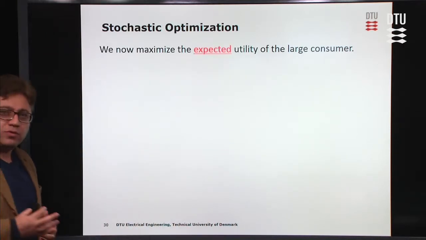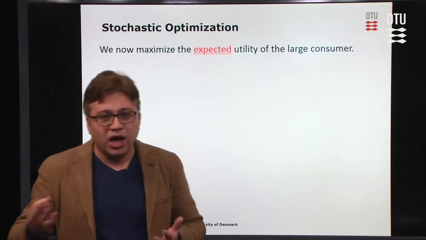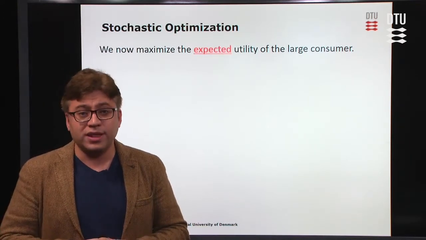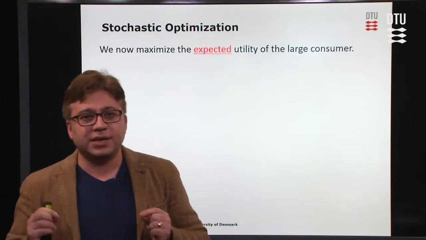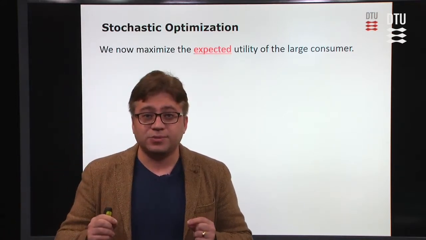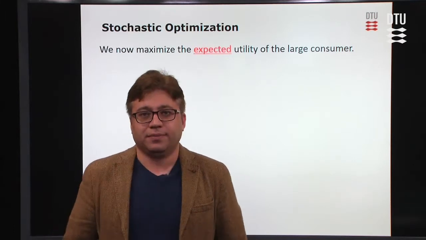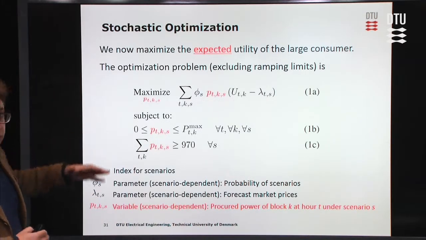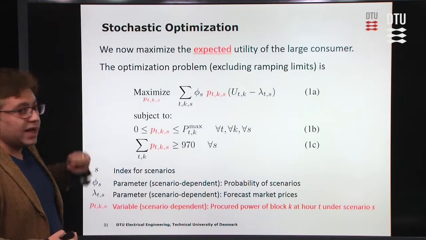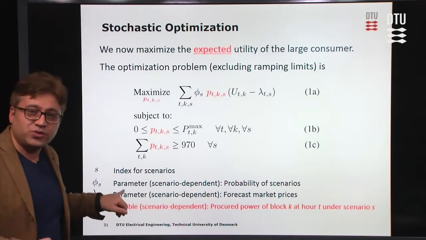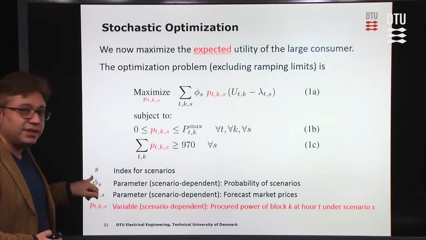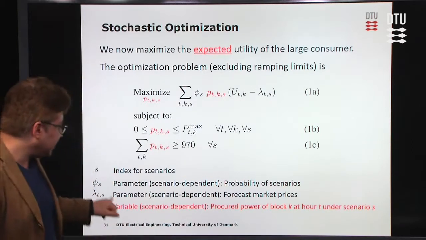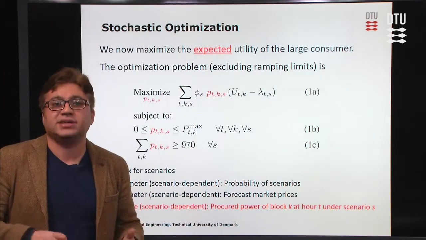Now we would like to plug these scenarios into our optimization problem. One important point is that instead of maximizing utility, we need to maximize the expected utility of the large consumer. In the optimization, again, we maximize. Let me first introduce the new symbols. In addition to the previous indexes, we need a new index S for scenarios, in this case 4 scenarios.